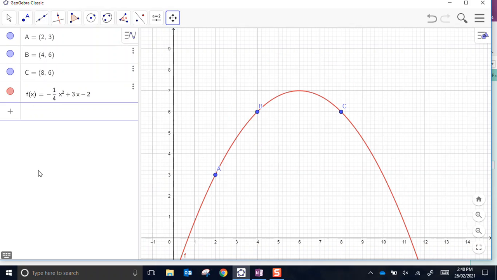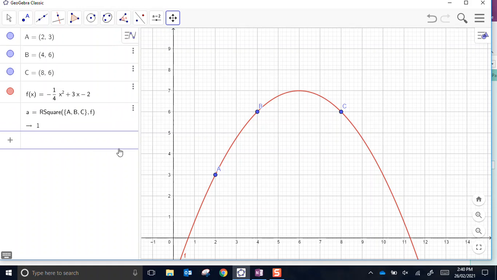And look at that. Our quadratic equation that we analytically determined through simultaneous equations has exactly hit all 3 of those data points, as it must. 3 points are sufficient to define a parabola. If I was to do an r squared value, and the list of points that I'm going to give GeoGebra are points A, B and C, and the function to compare with is f, then obviously I get an r squared value of exactly 1, because this function is a perfect match.